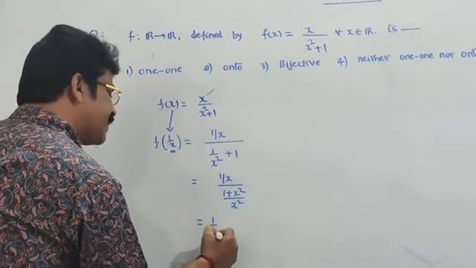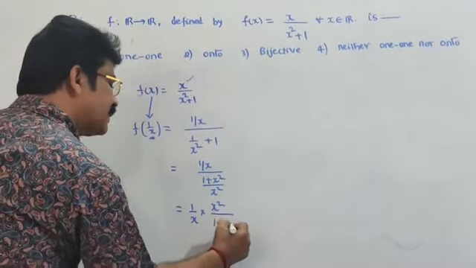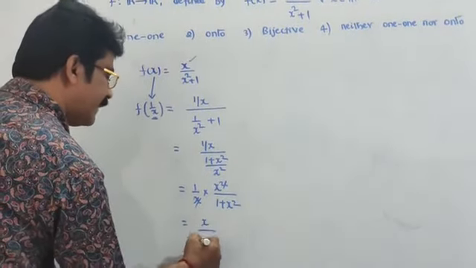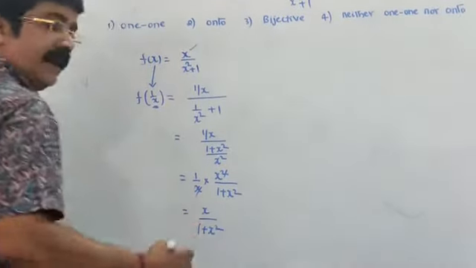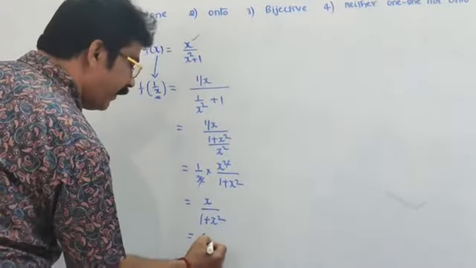On simplification, 1 by x into x square by 1 plus x square. On cancelling x, it remains x divided by 1 plus x square. So observe, it is again f of x.